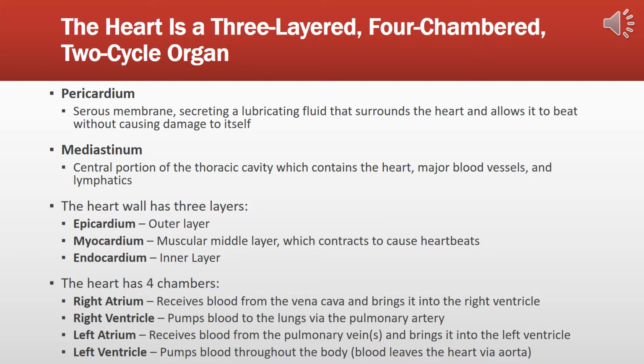Now the left ventricle is the most powerful ventricle of the two, and this is because it has to pump blood throughout the body, and the blood leaves this chamber of the heart through the body's major artery, the aorta.